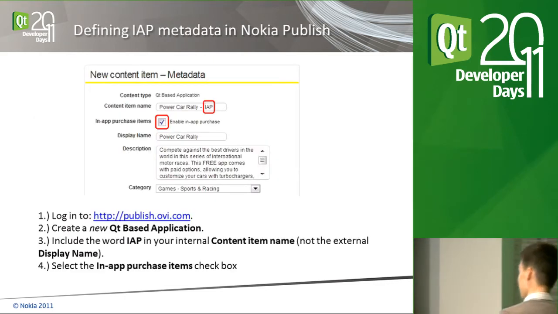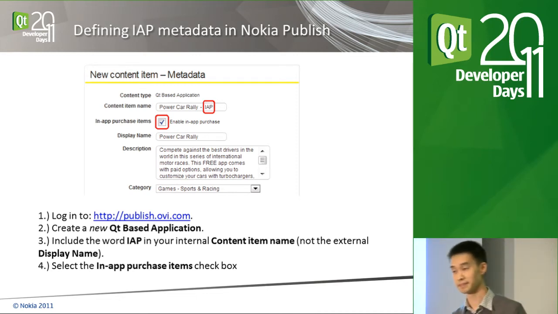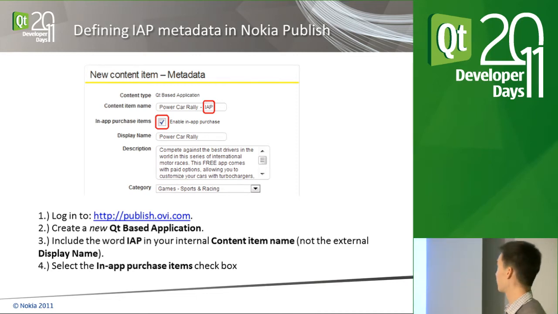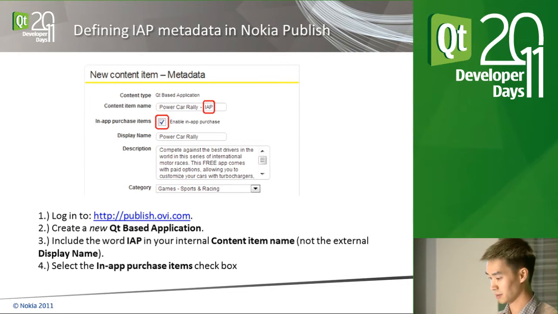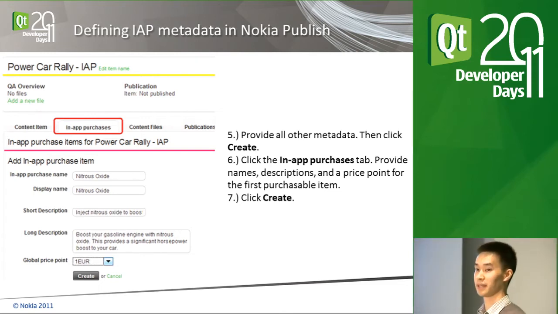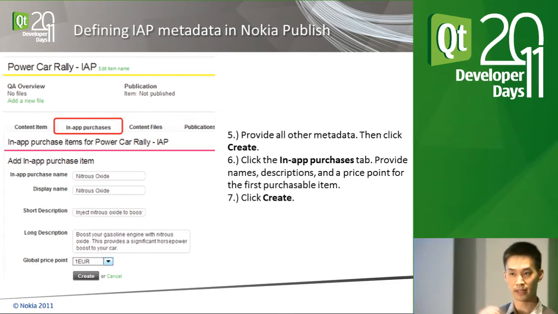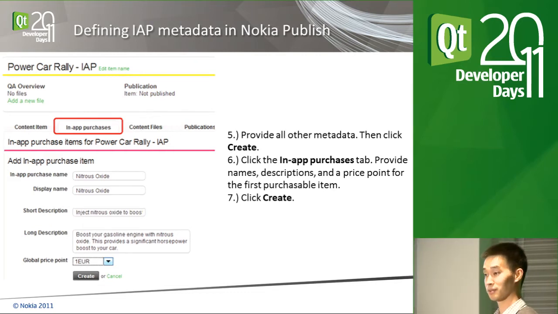So in more detail, we'll start off with creating the content item metadata. When the solution goes live, you will see the actual checkbox to enable in-app purchase. Once you select that, you will see a new tab. Within this tab, you will define the display name, the long and short descriptions, and also the price point.